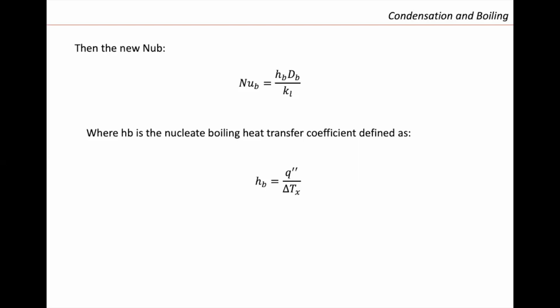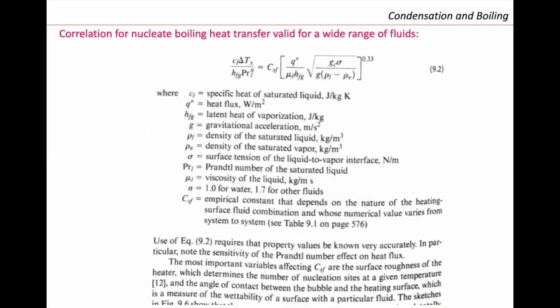Remember, we are now evaluating different phenomena, so our gradient of temperature, or our driving force, now becomes delta Tx. So the question is whether delta Tx and delta Te are the same? Yes, it's the excess temperature.